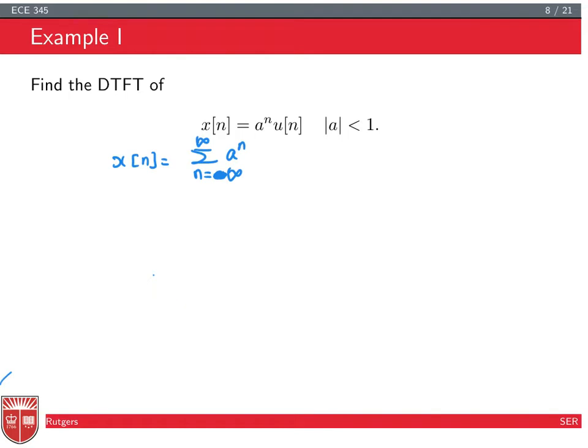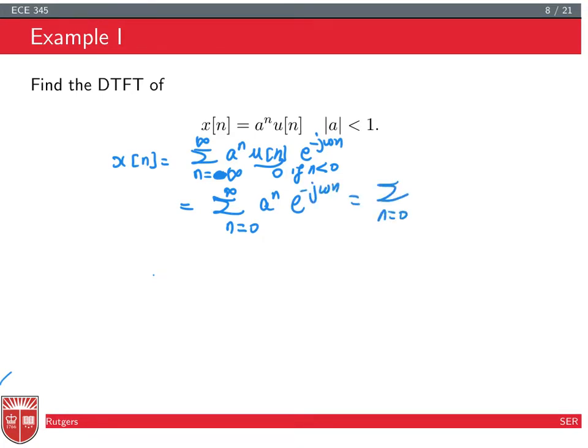But u(n) is 0 if n is strictly negative. So now my summation starts at 0. So I'm going to get a^n e^{-jωn}, and this is the sum from n equal to 0 to infinity of (a e^{-jω})^n. And now you can see that this is a geometric series.